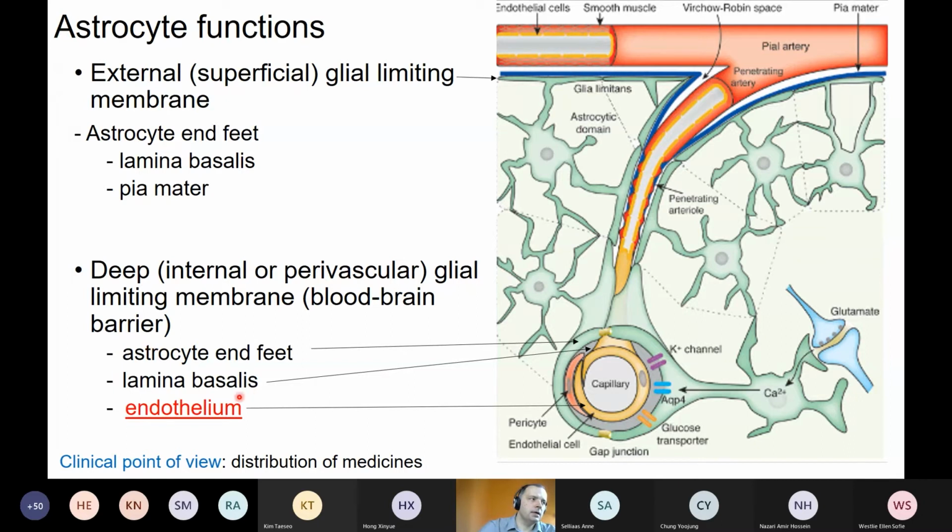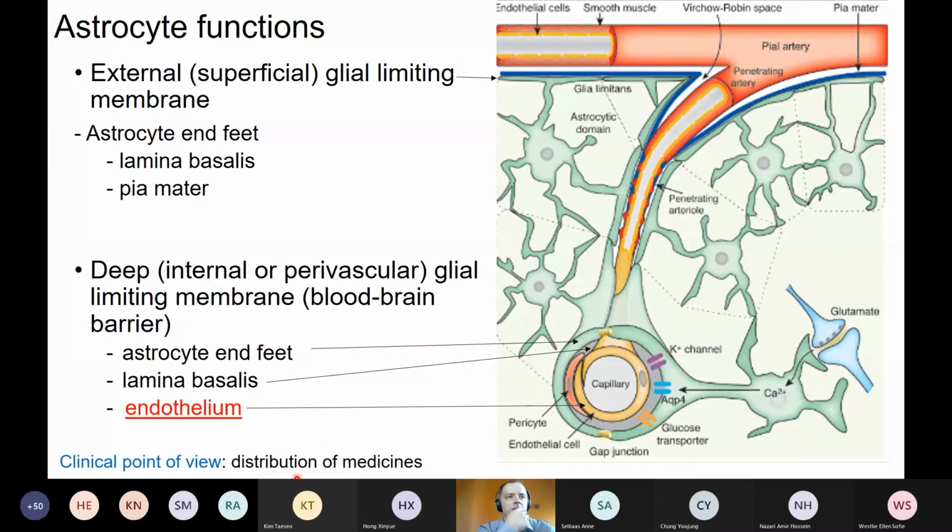We nowadays think that the endothelial layer has the greatest significance in the blood-brain barrier, but also the astrocyte end feet will provide a layer for this blood-brain barrier, and ion channels and transport processes and complex processes will take place here, which has a great clinical significance, and this is what I'm mentioning here.